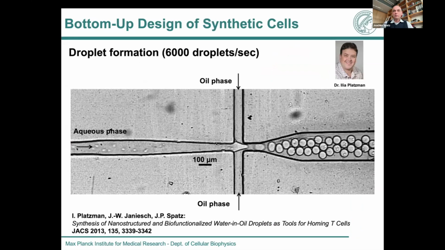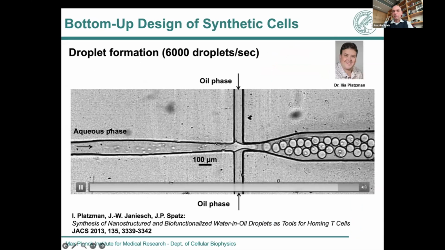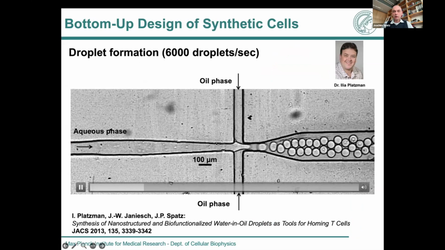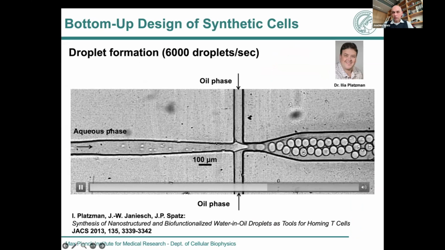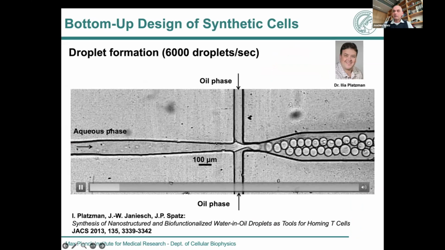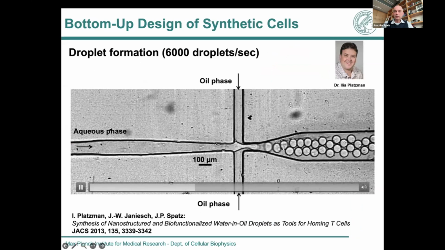This is droplet microfluidics, which you see in many labs all over the world, where you have 3 channels meeting each other. One is filled with water, the other 2 with oil. The oil phases cut out droplets, and these droplets are stabilized in the oil phase by a surfactant.